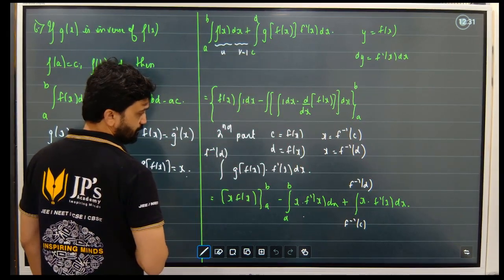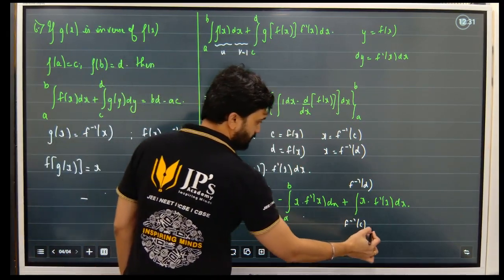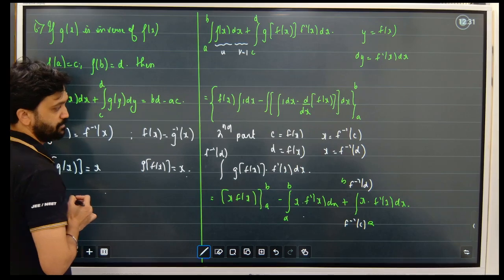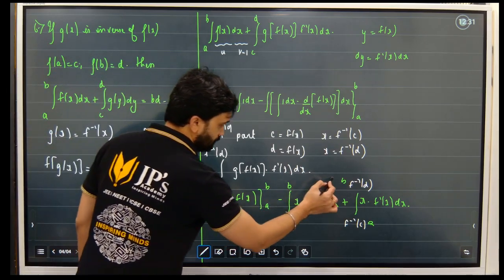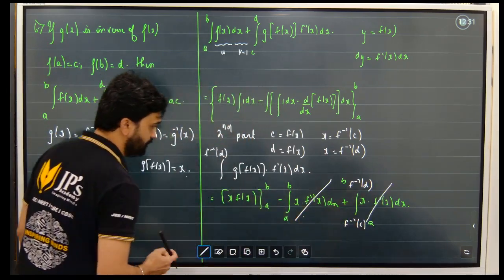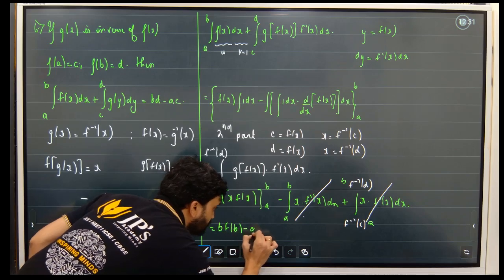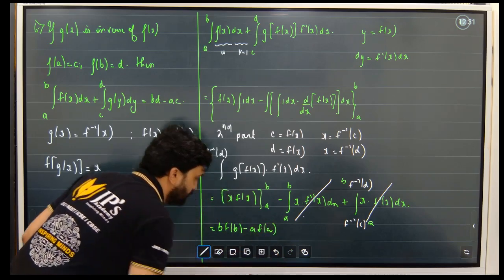Did you understand this? So in place of this, I can actually write A here and I can write B here. And if I write A and B here, what will happen? This will get cancelled. And if it gets cancelled, my answer will be B into f of B minus A into f of A. Guys, what is f of B?